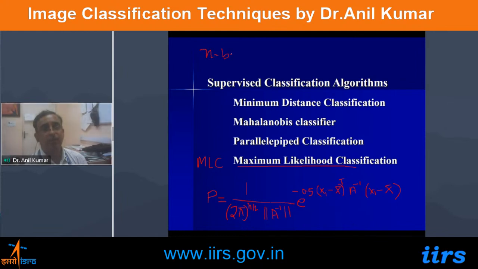So here n is the number of bands in the image, right? A inverse is your variance covariance matrix. Xi is the unknown pixel, as already told.